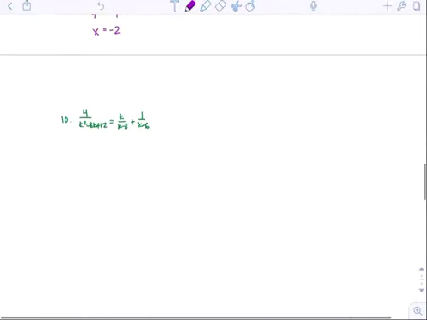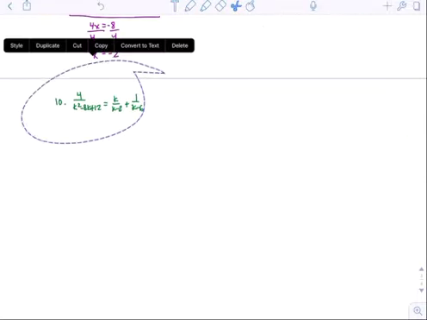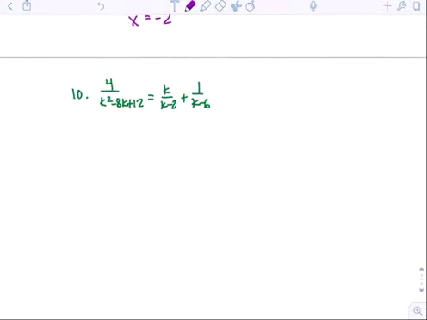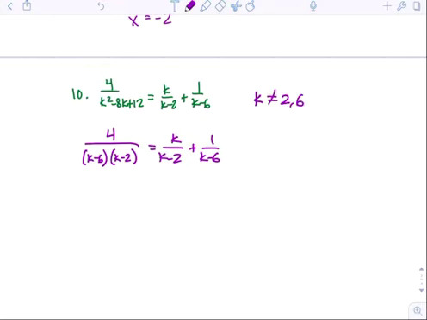Okay, last one, which is number 10. Alright, so first, in order to see the LCD, I need to factor the bottom. It's going to be k and k. What two things multiply to 12 but when added give you negative 8? That is going to be negative 6 and negative 2. So I see that k cannot be 2 or 6, those are excluded, and our LCD is k minus 2 times k minus 6.